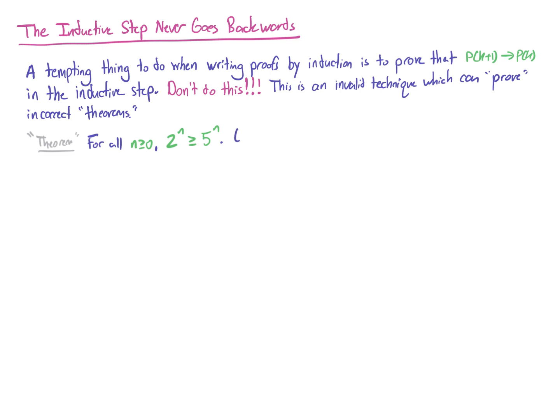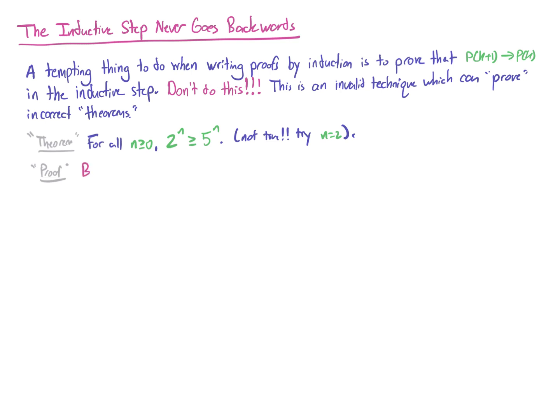Obviously this is not true. If you want to verify that, you can try plugging in, let's say, n equals 2 and seeing what happens. This alleged theorem is not true, but if we allowed ourselves to do induction backwards, we might think that it was true. So here's our alleged proof.